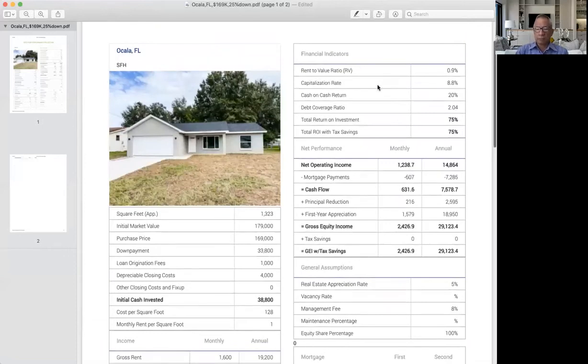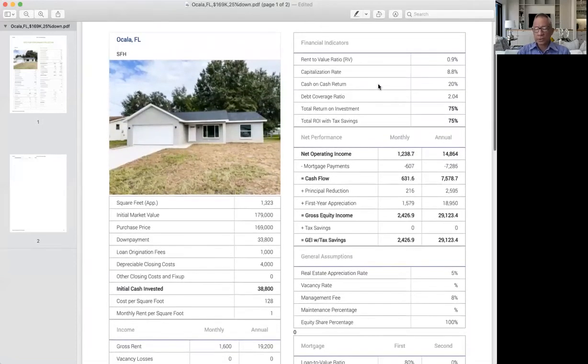With that in mind, this particular property has a rent to value ratio of 0.9, which is slightly less than 1%. I would challenge you to find any new construction single family home in a very fast growing area, as it is here in Central Florida, renting at almost a 1% rent to value ratio: a 169K property renting for $1,500.